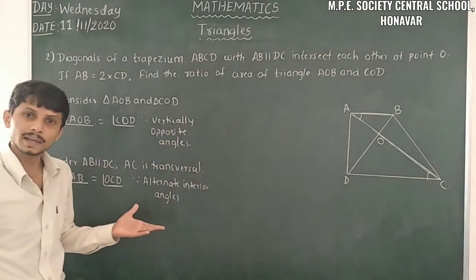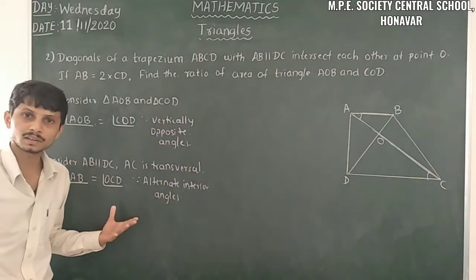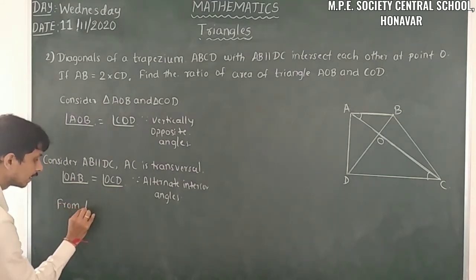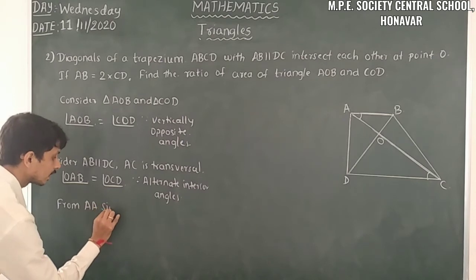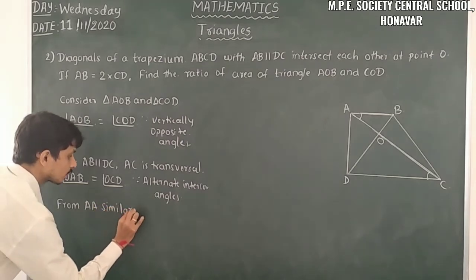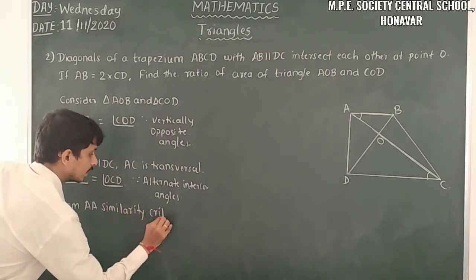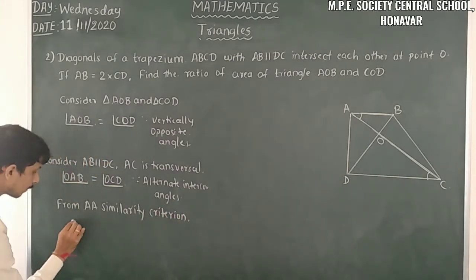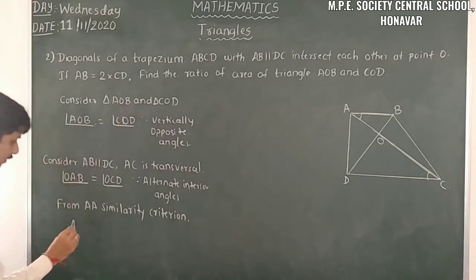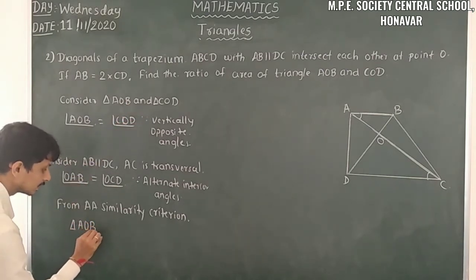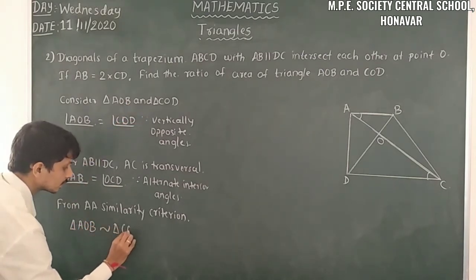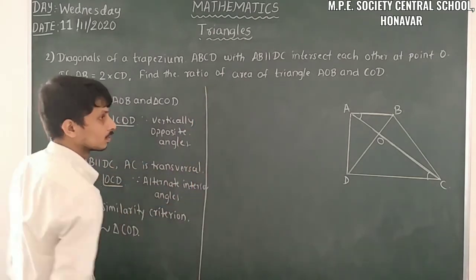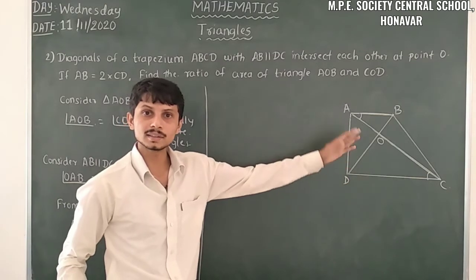So let us conclude: from the AA similarity criterion, triangle AOB is similar to triangle COD. Those two triangles are similar.